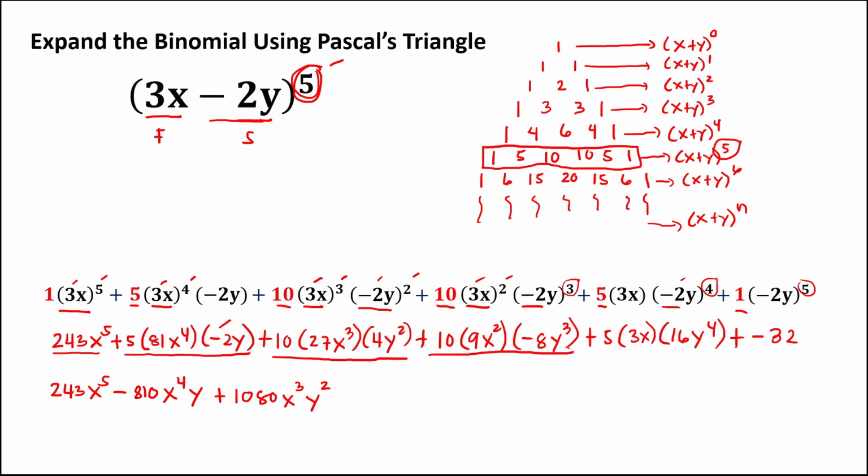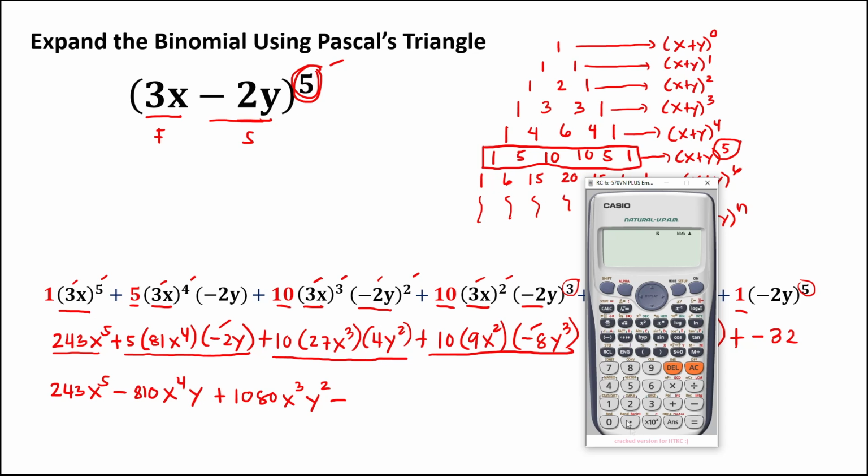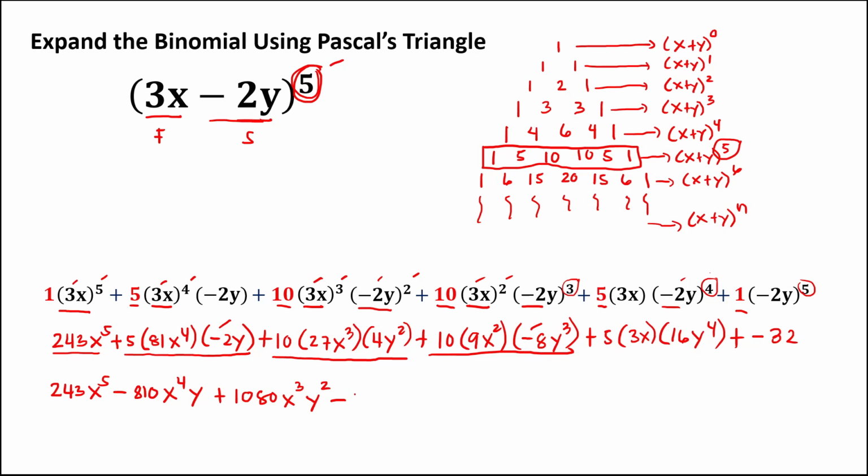Then for this term, since negative, this is minus. Then we have 10 times 9 times negative 8. So that's negative 720, then x to the power 2, y to the power 3.